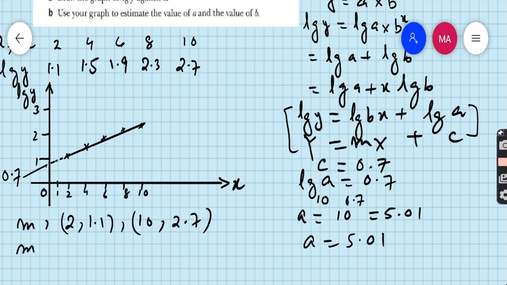So y2 minus y1 upon x2 minus x1. 2.7 minus 1.1 is 1.6. 10 minus 2 is 8. And 1.6 upon 8 is 0.2.